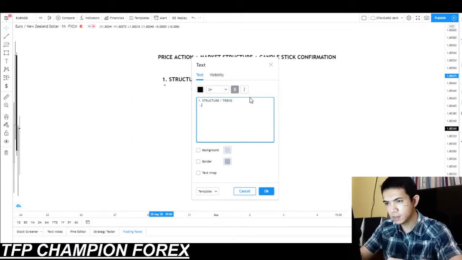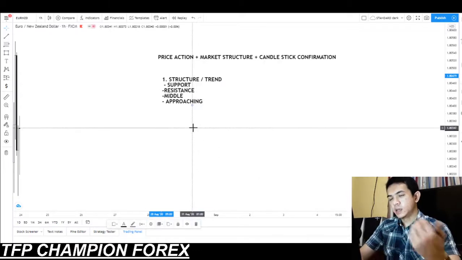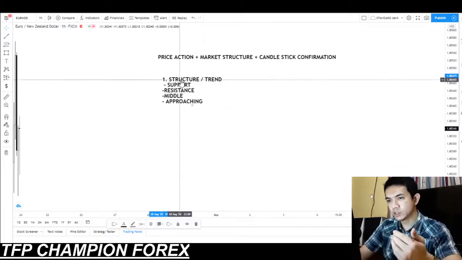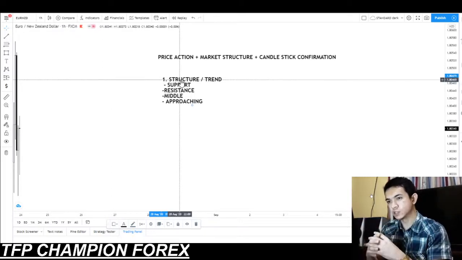Mainly, am I at the support? Am I at the resistance? Am I at the middle of these significant levels? Or am I still approaching the market? So I normally ask this question before I do a certain entry for my trade.